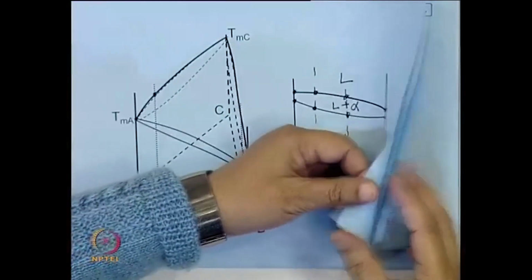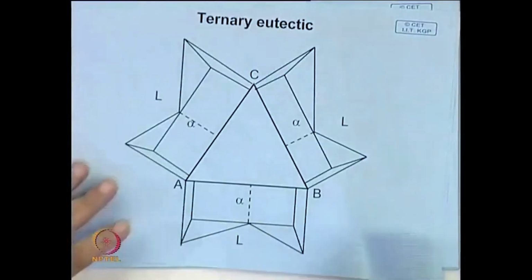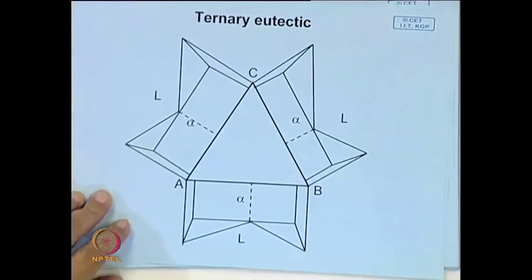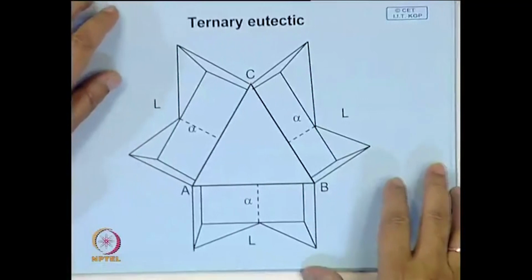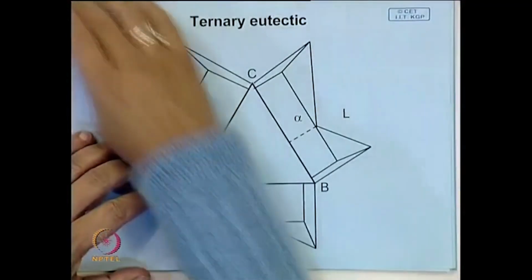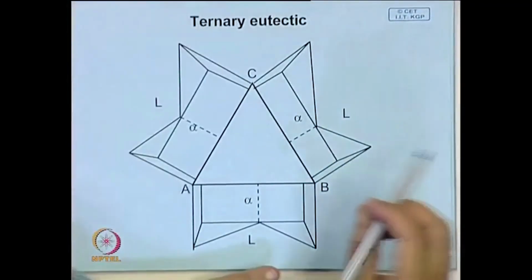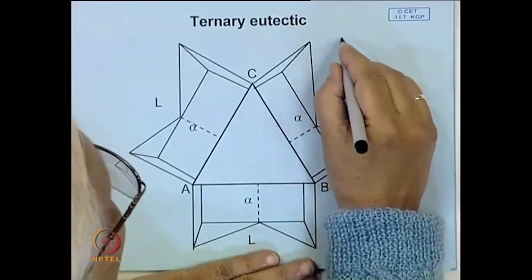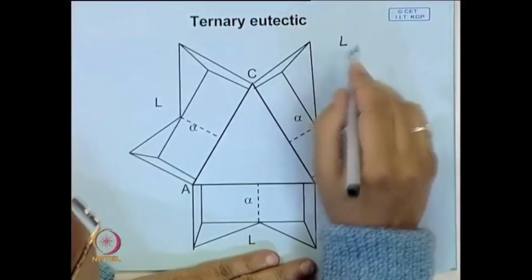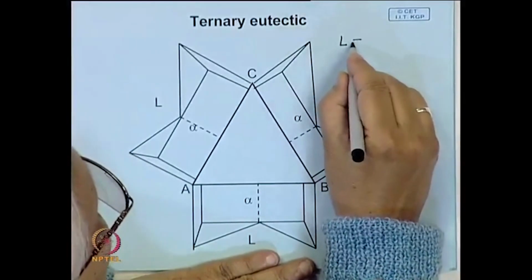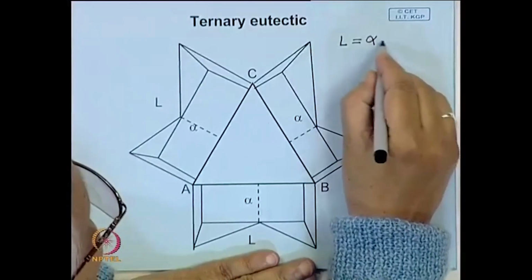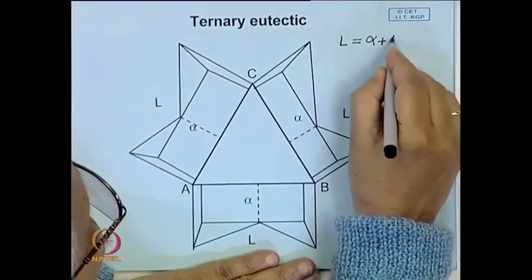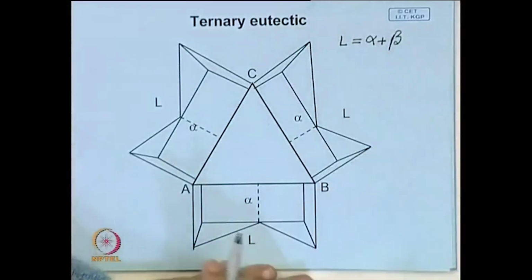Now, let us take up the case of a simple ternary eutectic. See, in a binary eutectic, we have seen that a liquid breaks down into two solids, alpha and beta.